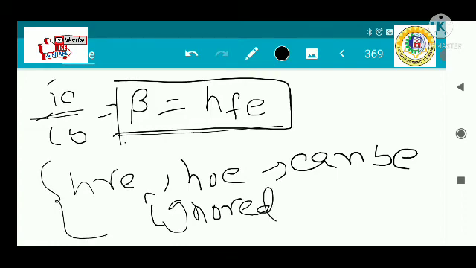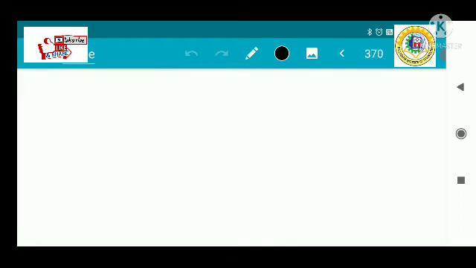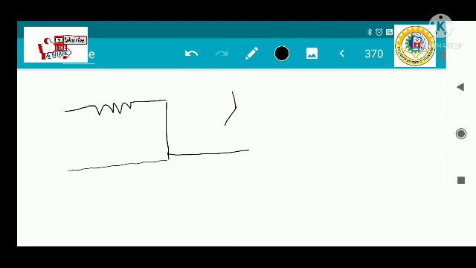Now if you ignore these two terms, then the circuit will look very similar to your previous model. Okay, so there will be no dependent voltage source here, and there will be a dependent current source here, but there will be no HOE.